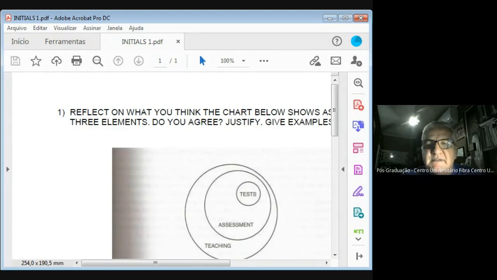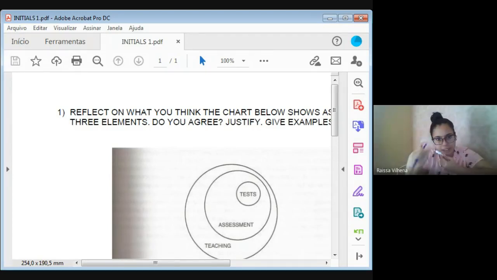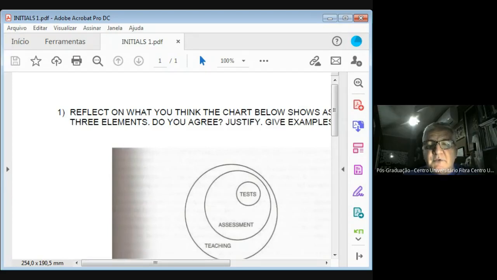Professor, could you lower a little bit, maybe reduce the zoom? Please. Let me see what I can do. I'll try to put this on for you with the full screen, but I'll stop sharing first.